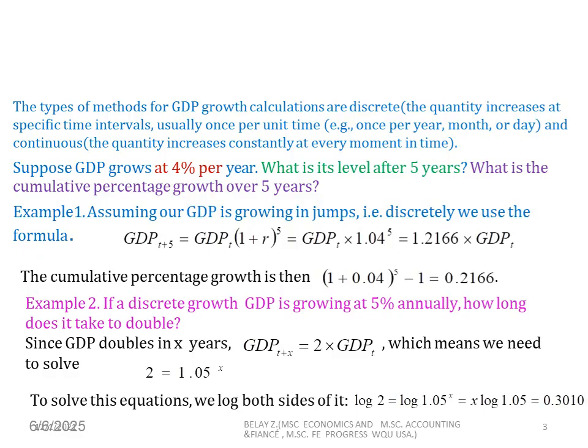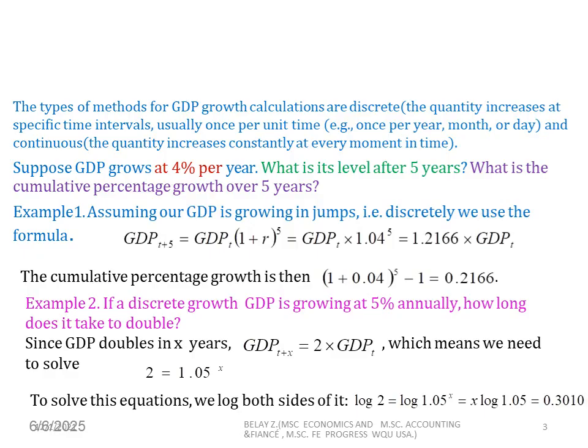GDP at time t times 1.04 to the power of 5 is equal to 1.2166 times GDP at time t. The cumulative percentage growth rate is then (1 plus the growth rate 0.04) to the power of 5 minus 1. It is 21.66% or 0.2166. This is the cumulative percentage growth using discrete.